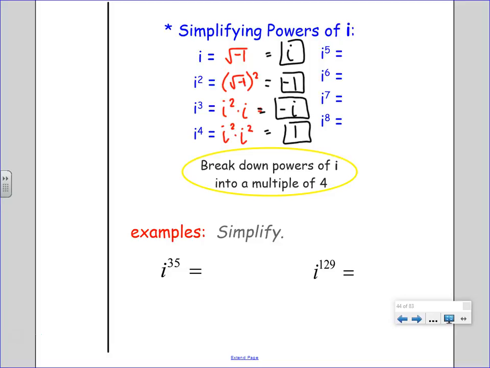That could be i times i times i times, no, let's not do that. How about i to the 4th times i? Does that sound good? Got it. So i to the 4th is just 1, and 1 times i is?